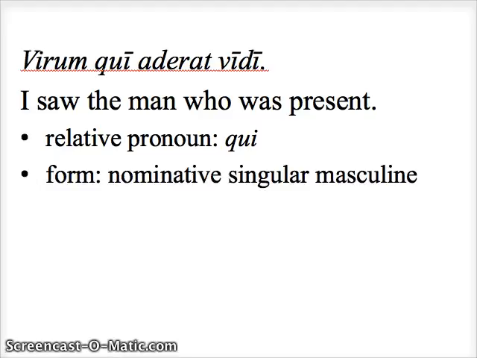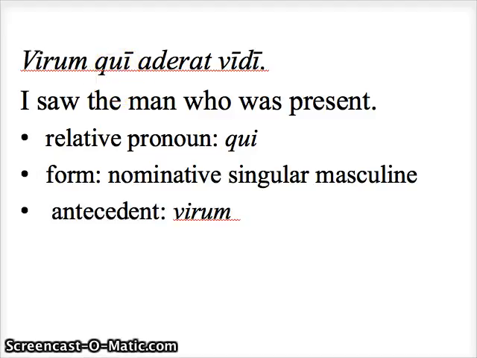Notice that this relative pronoun is nominative, masculine, and singular. Qui. Its antecedent is virum. I saw the man was present. We've now replaced the man was present with qui, and so the antecedent of qui is this virum here.